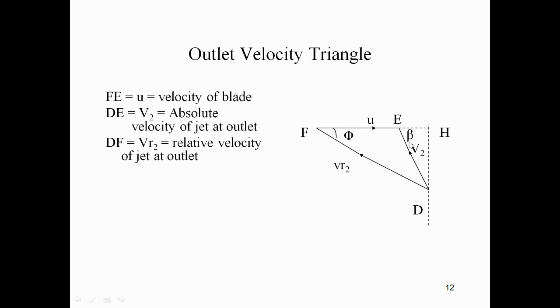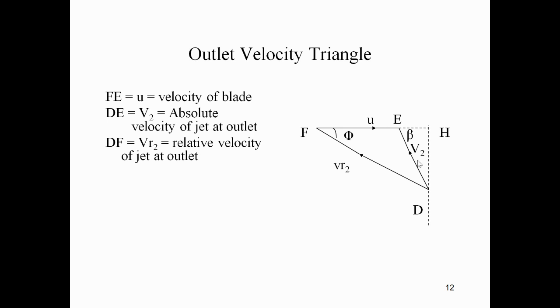Next, DE is shown with V2. So V2 is called the absolute velocity of the jet at outlet.